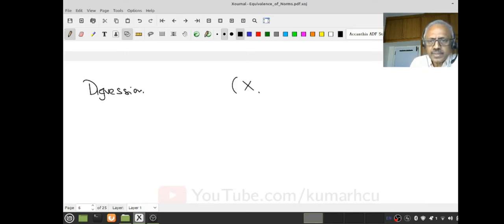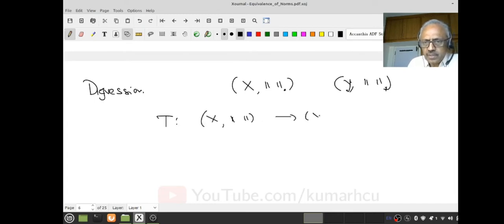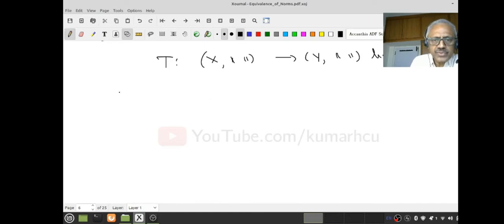Let X and Y be normed linear spaces. I am not going to write subscripts on the norms as a lot of teachers do. The context should make clear which norm I am talking about, whether it's a norm on X or a norm on Y. So suppose T is a linear map from the normed linear space X to the normed linear space Y. Assume T is continuous at 0.